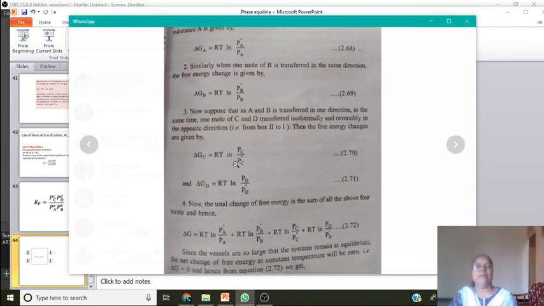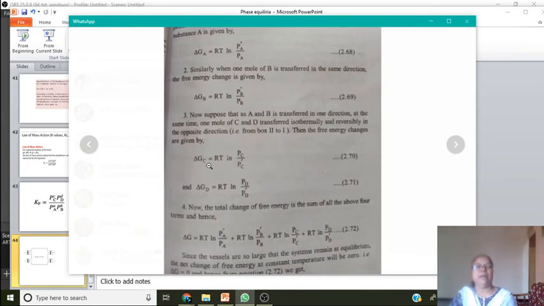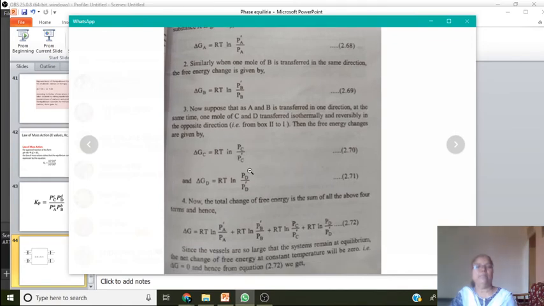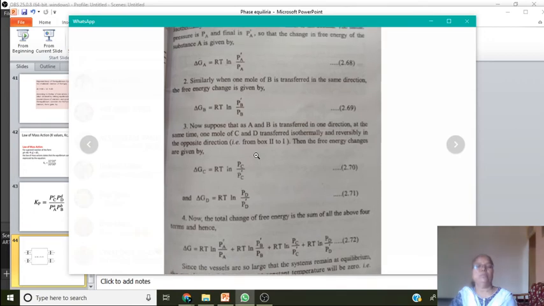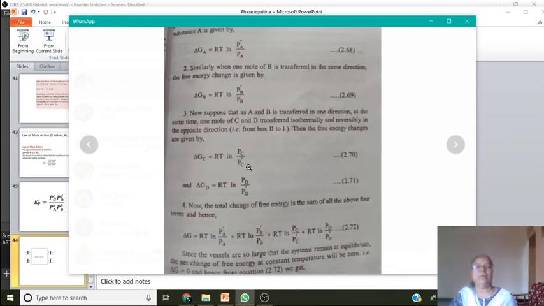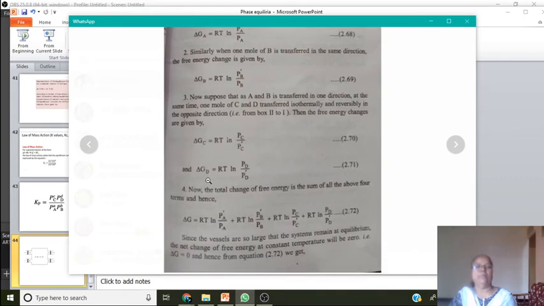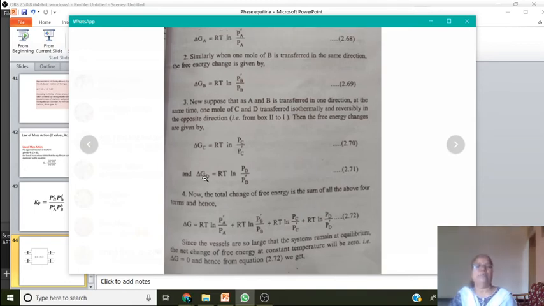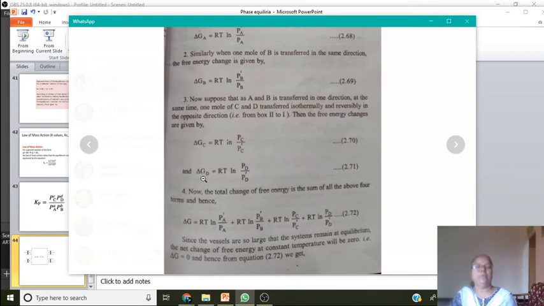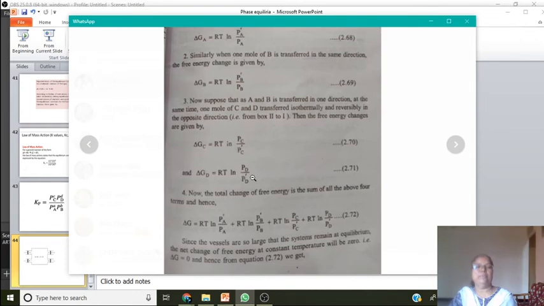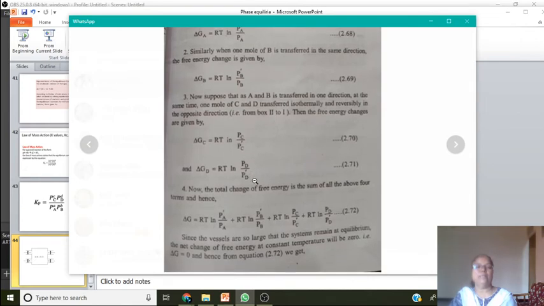Then the free energy change is ΔGC = RT ln(PC/P'C), because PC is the final pressure and P'C is the initial pressure. In case of gas D, when we transfer 1 mole from box 2 to box 1, the change in free energy is ΔGD = RT ln(PD/P'D).